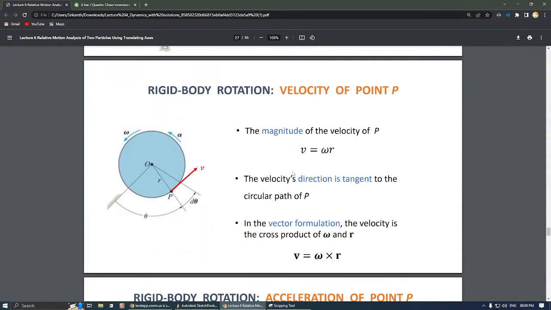Then rigid body rotation. So he's giving the relation between peripheral velocity and omega.